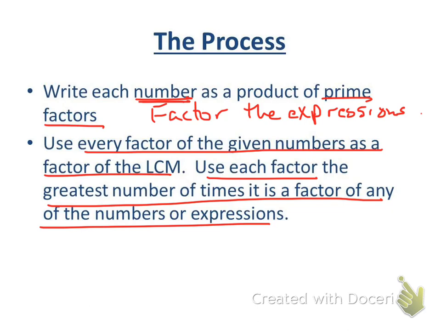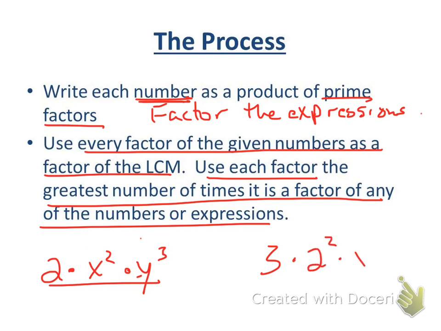So let's just start off with something like this. Let's suppose that we were working with this number: 2 times x squared times y cubed. And then our other expression is 3 times 2 squared times x to the 4th times y times z.